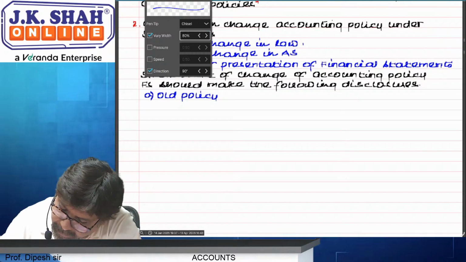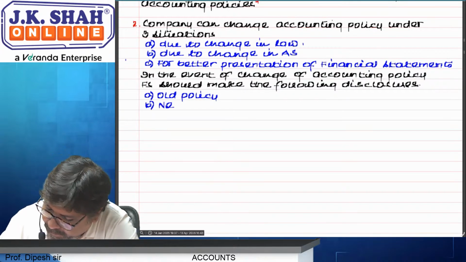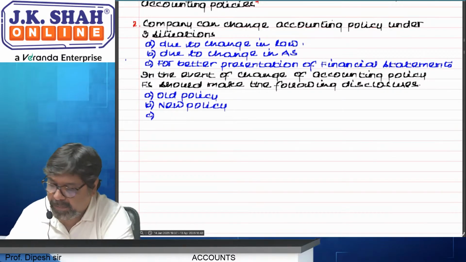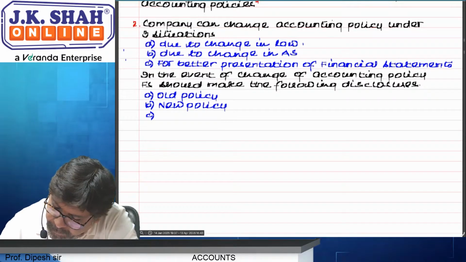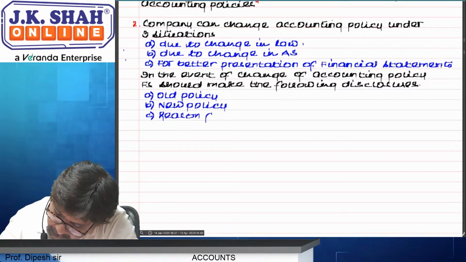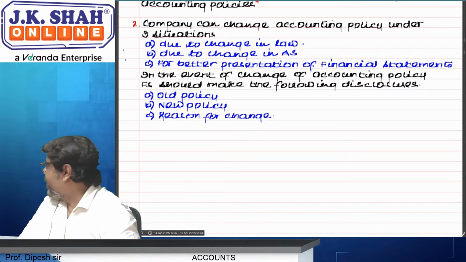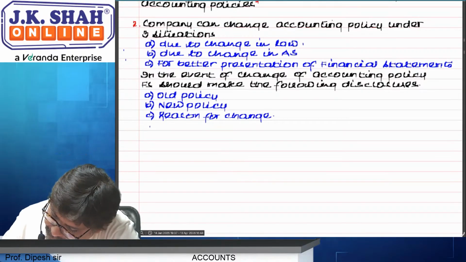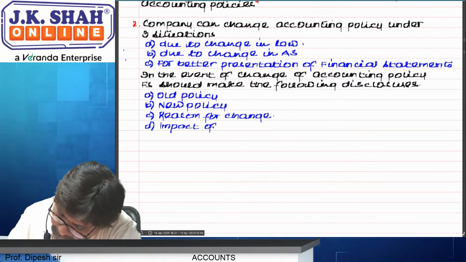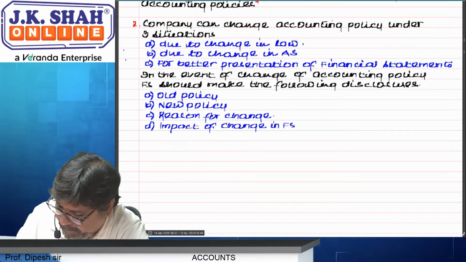Old policy, new policy, then reason for change, and then last, impact of change in financial statements.